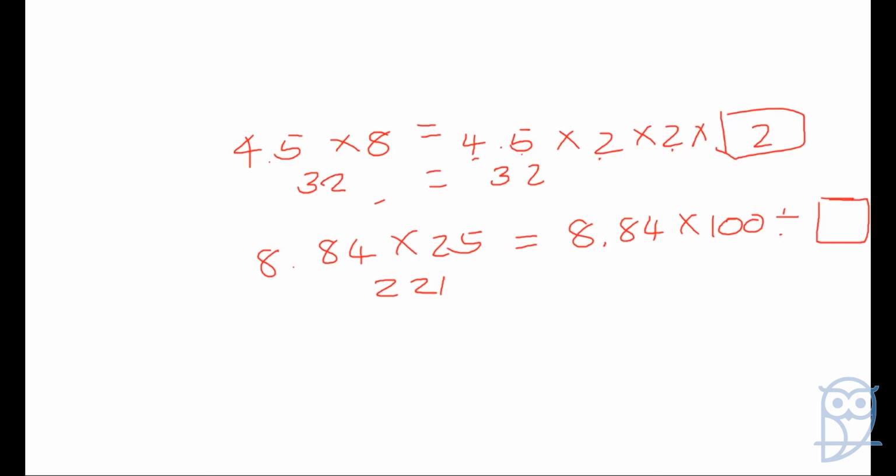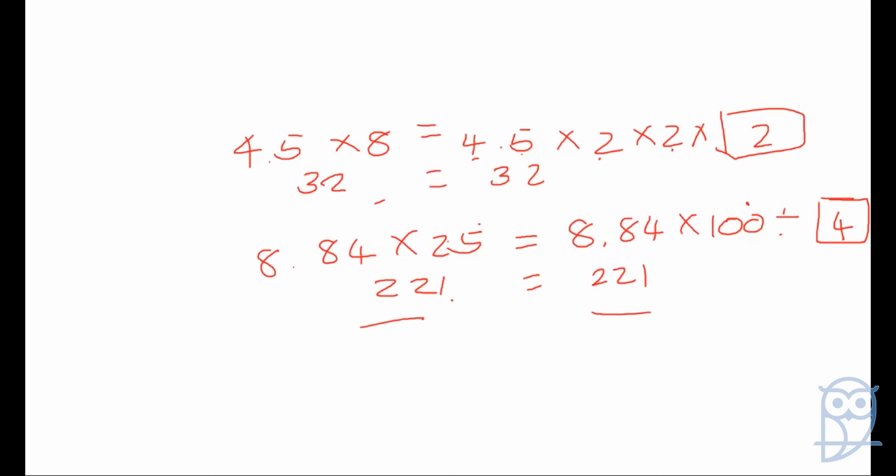Just by looking at it, what would we need to divide 100 by to bring us back to that? How many 25s are there in 100? 4. So if you work it out now in your calculator, you will see that 8.84 times 100 divided by 4 will bring you back to this answer. And this is what we call simultaneous equations.